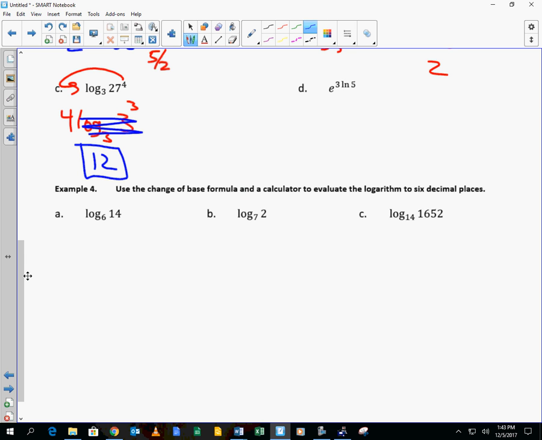Anybody? Okay, so Scott sees that e and natural log will cancel, but the 3's in the way right now. Can I move the 3 up? That's out of the way, isn't it?